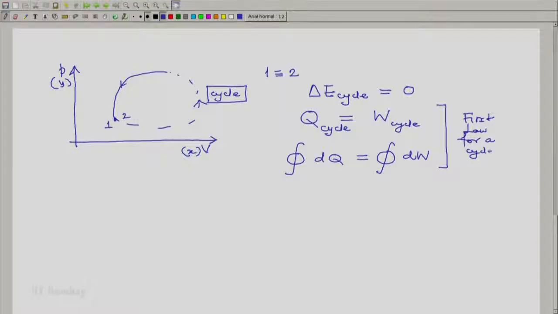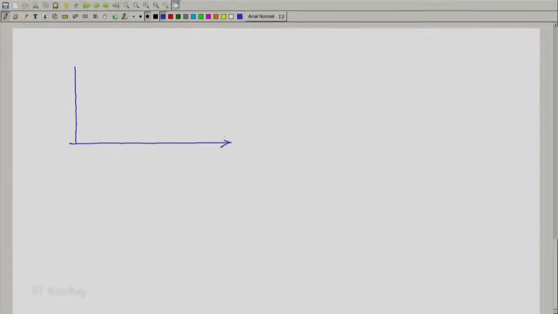Now before we complete this basic discussion of the first law, there is one question which comes to our mind. We have always been saying and discussing adiabatic processes, and we have said that let a system go from state 1 to state 2 by some adiabatic process, quasi-static or otherwise.